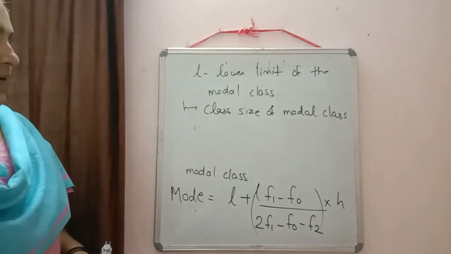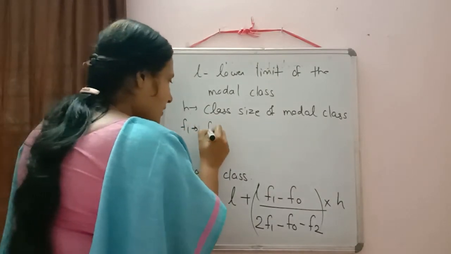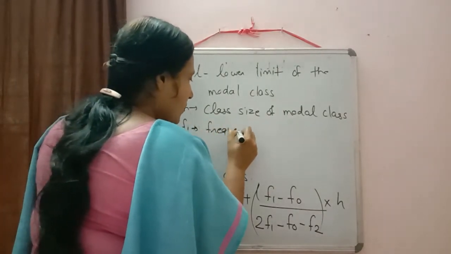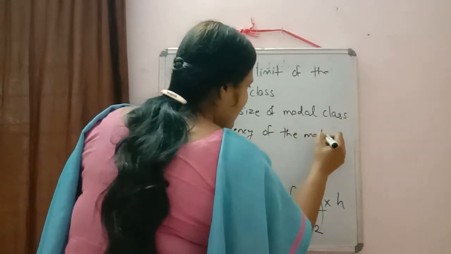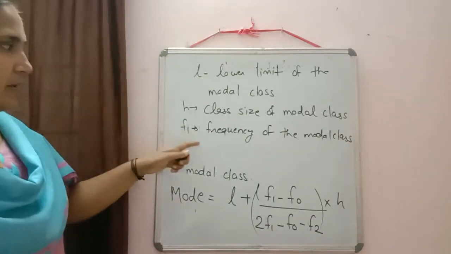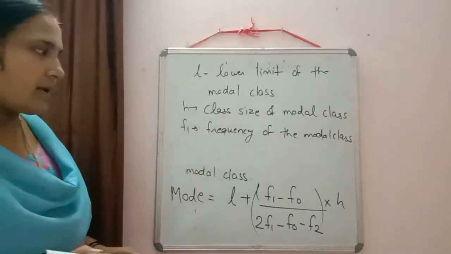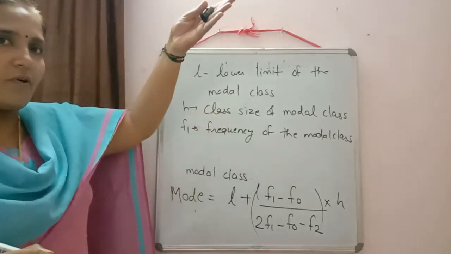Now F1. F1 is the frequency of the modal class. Now, as we write numbers, 0 appears before 1.